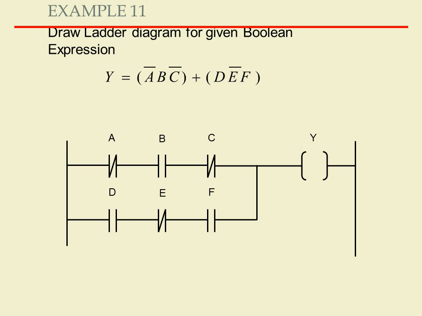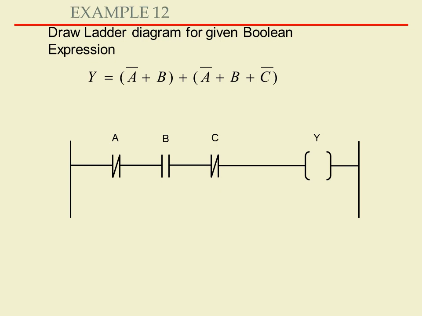These three are in series, then D E bar F. They are also in series. So D, for E bar we will take the closed switch, and for F we will take the open switch, and both these branches, that is A bar B C bar and D E bar F, are in parallel. For the plus operation we will take them in parallel, and that is equal to Y.